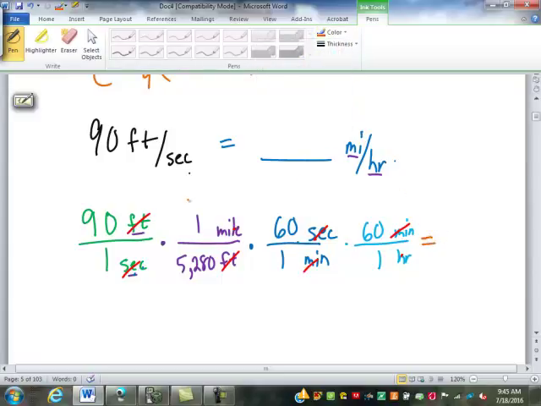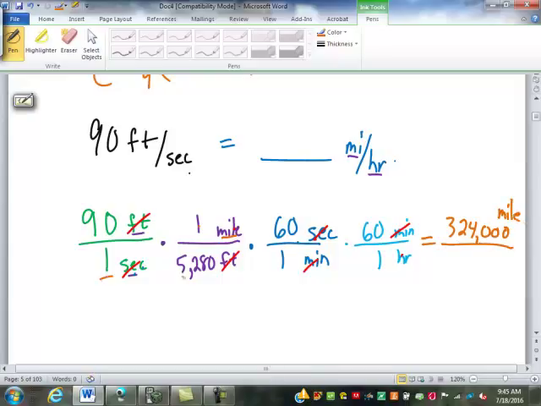So let's multiply things up and see what we get. We have 90 times 1 is just 90. Of course, that's 1 mile. Times 60 is 5,400. Times another 60 is 324,000. That's miles.